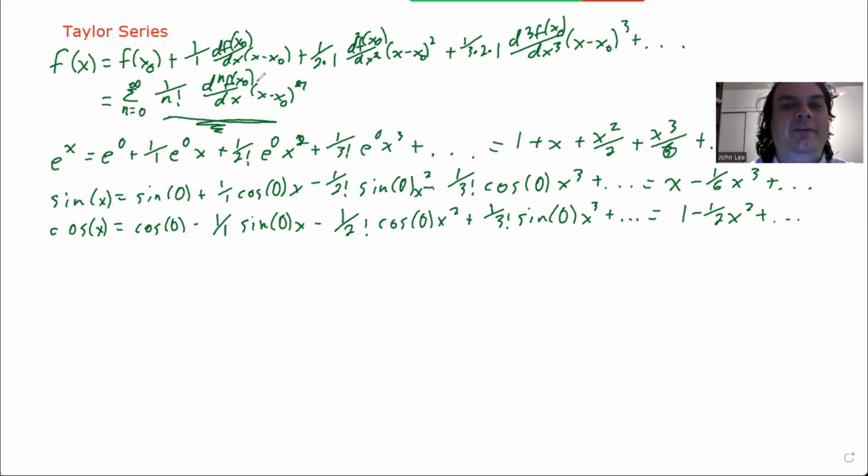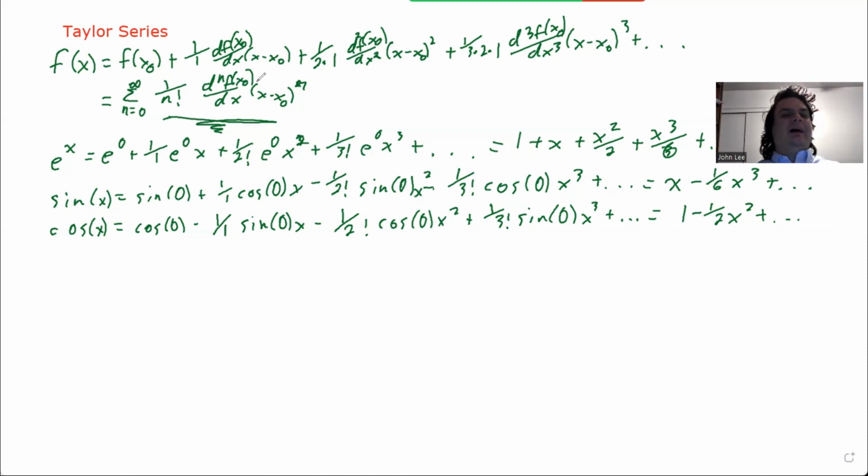If you do that for an infinite number of terms, it doesn't just look like a generally good approximation where all the units check out. It is exactly equal to the initial function.